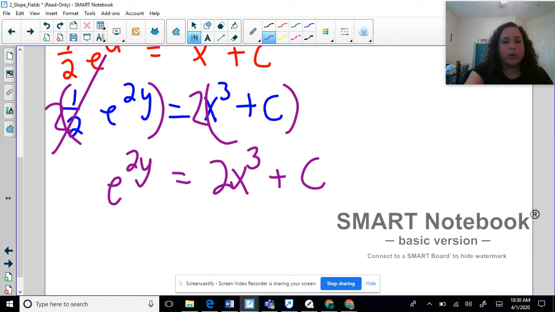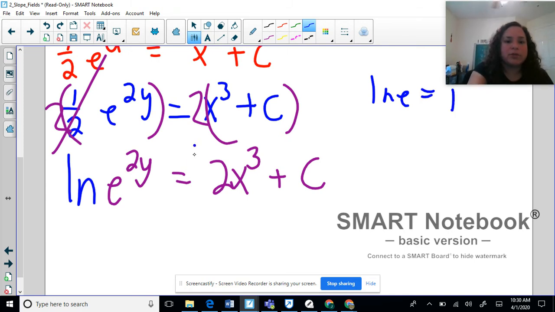Now 2y is still an exponent with the base e. To get rid of that e, we take ln of both sides. Remember that the natural log of e is equal to 1. When we take the natural log on both sides, that's on the entire quantity 2x cubed plus c.